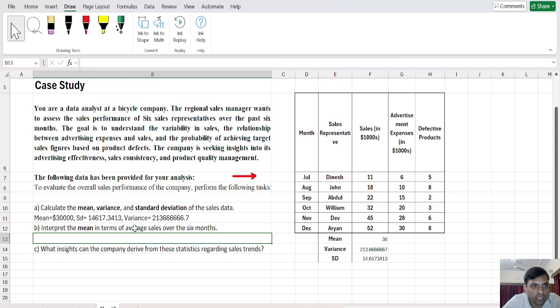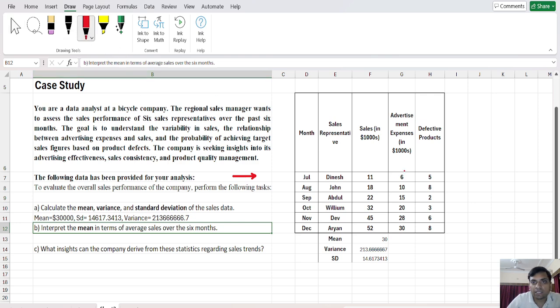Now next question is, interpret the mean in terms of average sales over the 6 months. So for this 6 month data, the location of mean is this 30,000. So 50% values are lesser than this mean 30,000, and 50% are greater with respect to this mean 30,000.